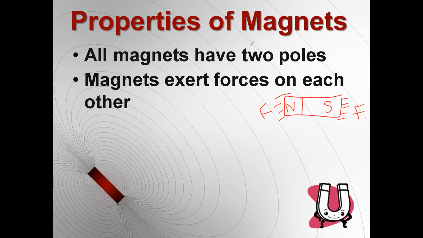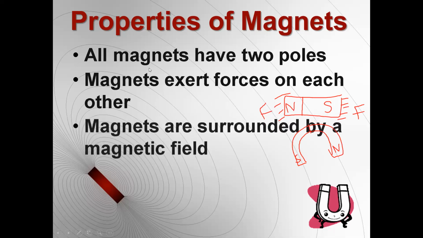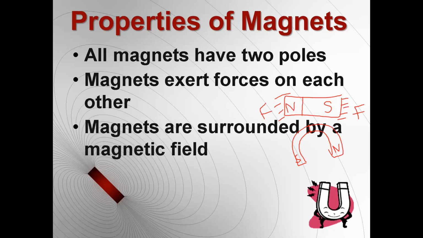Some magnets come in a straight line, and some come in a U-curve. It has a south here and a north, and in each part we have a force. Magnets are also surrounded by a magnetic field.